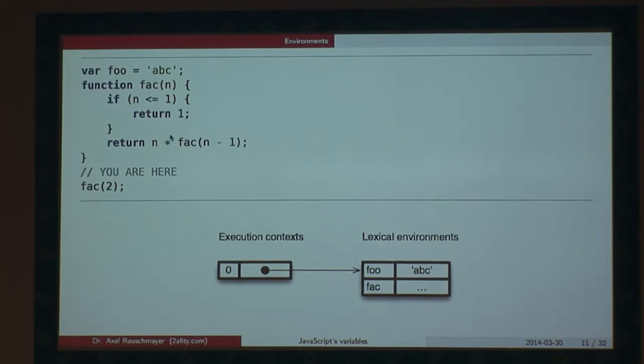Let's look at what environments actually are and how they work. This is the function fac that we have just seen, and this is the stack. As more recursive function calls happen, this stack will grow, and it has a pointer to an environment. At the beginning, we are in the global scope.